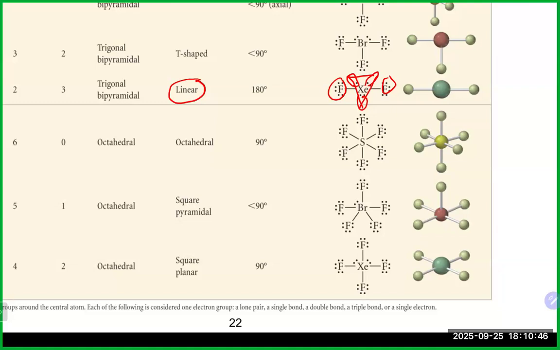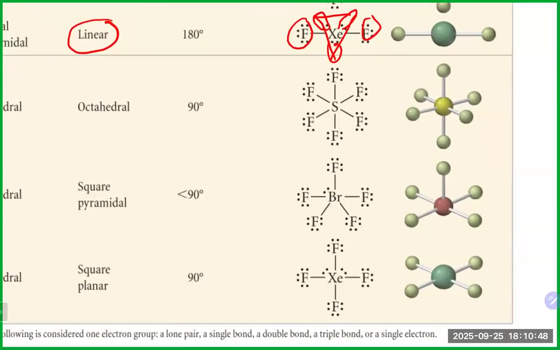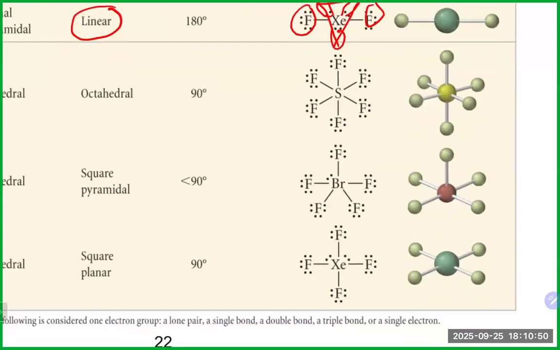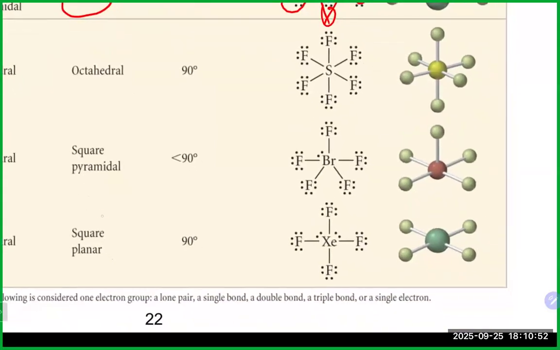The other exception is this guy right here, and that is square planar. If you have a square planar geometry, which is our octahedral expanded octet, what happens is because it makes a square, those guys are going to basically cancel each other out. It's like everybody's pulling opposite of each other.